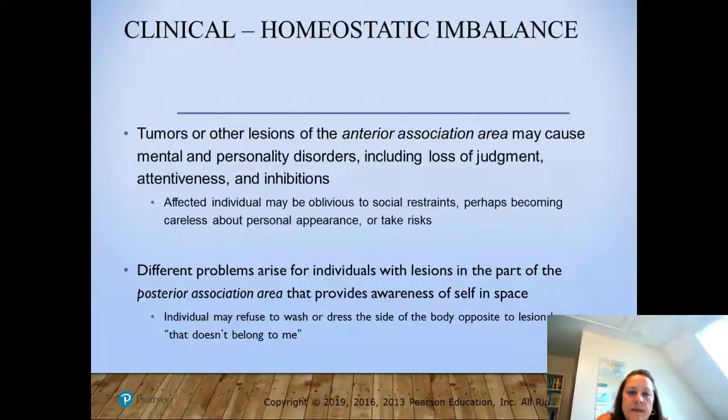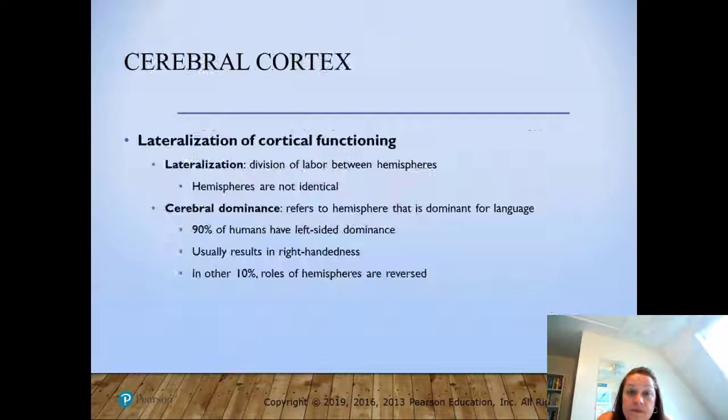That's what the limbic system does. All right, so tumors, right? Tumor brain lesions in the anterior association area may cause personality disorders. And so again, these are just little clinical inputs that will help you to kind of put what we're learning into some kind of perspective.